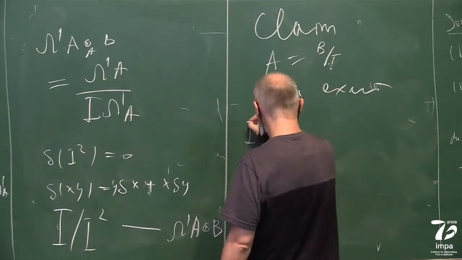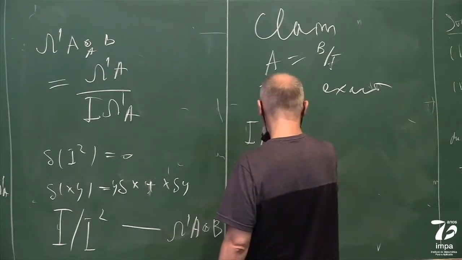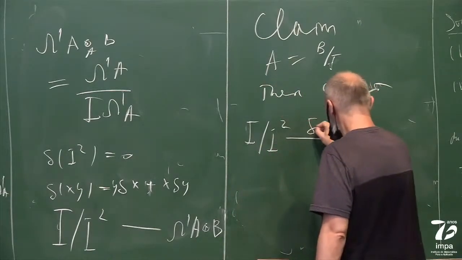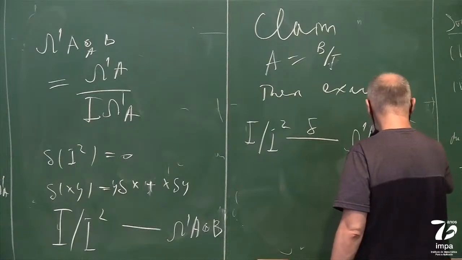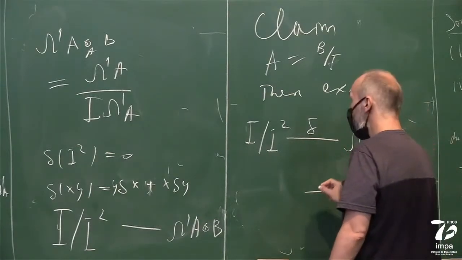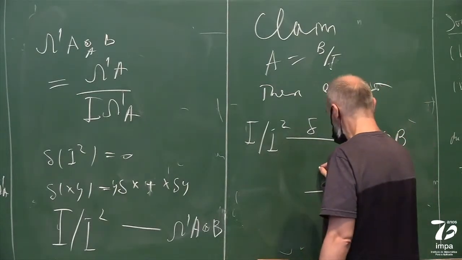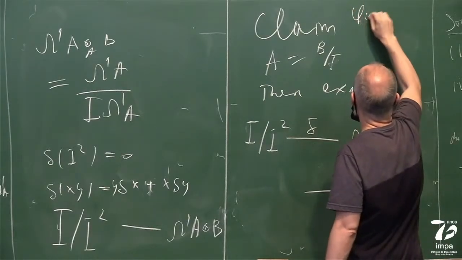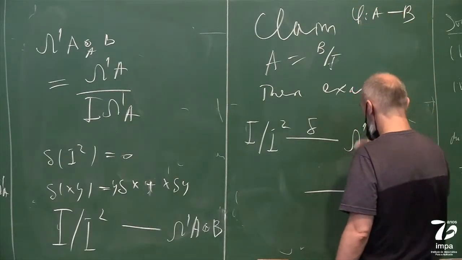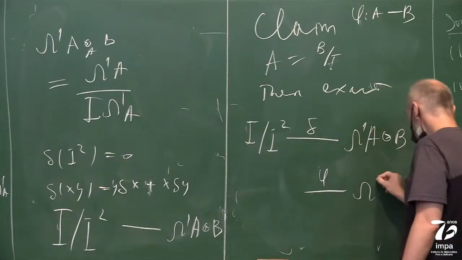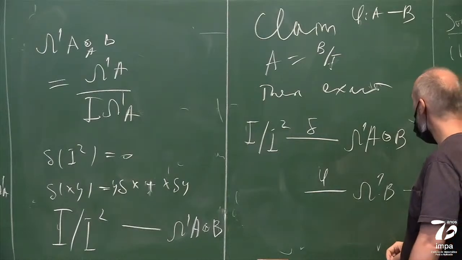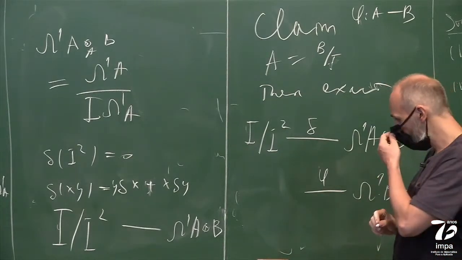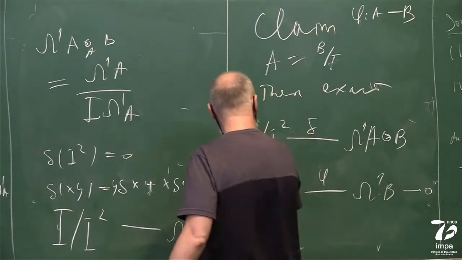You have I quotient by I square. Delta maps it to omega 1A tensored with B. And then you have the homomorphism phi from A to B. So phi maps it to omega 1B. This goes to 0. This is exact. Okay, so let's prove it.